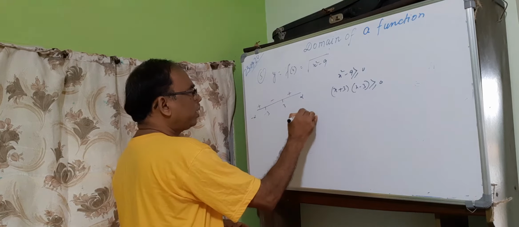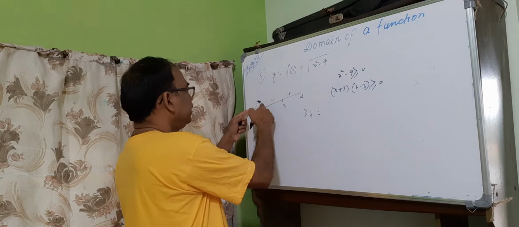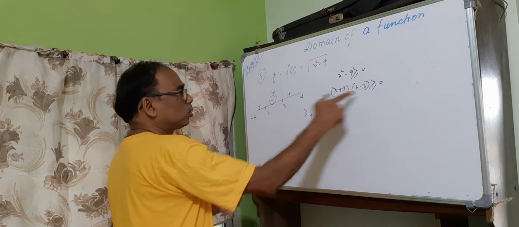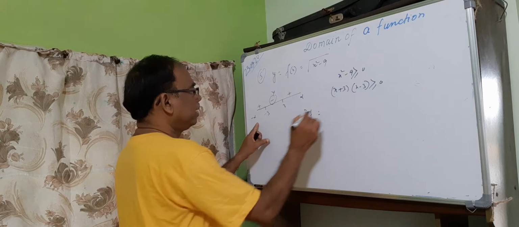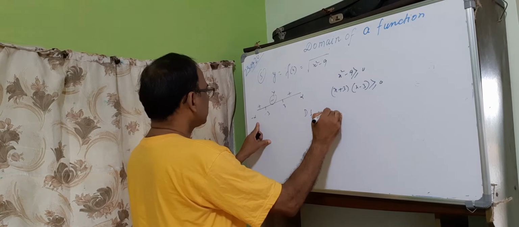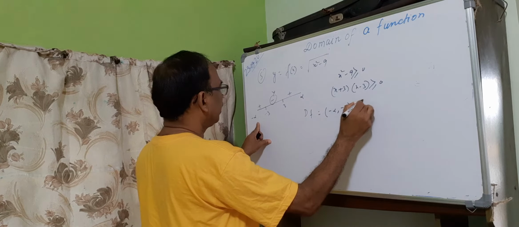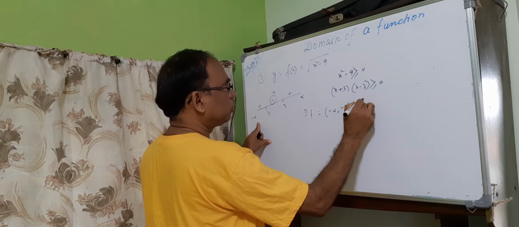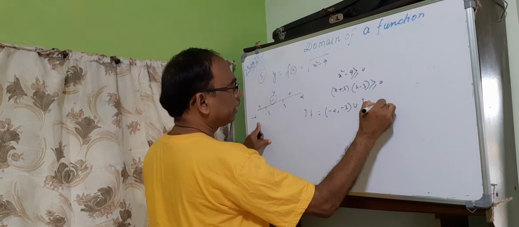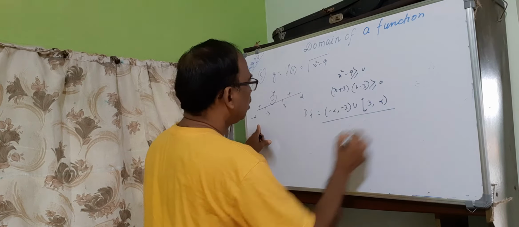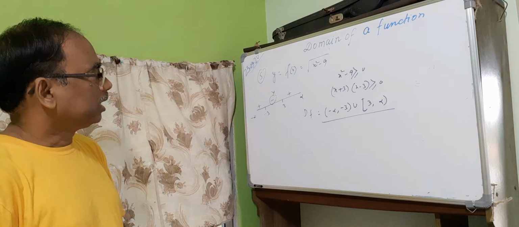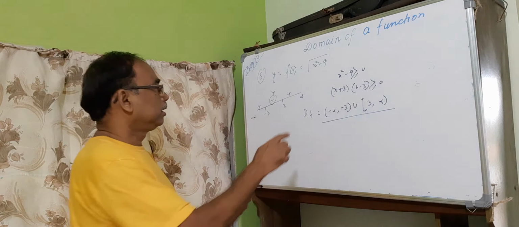So your domain of the function should be this and this, and the middle should be neglected because we need greater than 0 and it is coming negative. That is, minus infinity with a first bracket, minus 3 included, union 3 included, infinity.